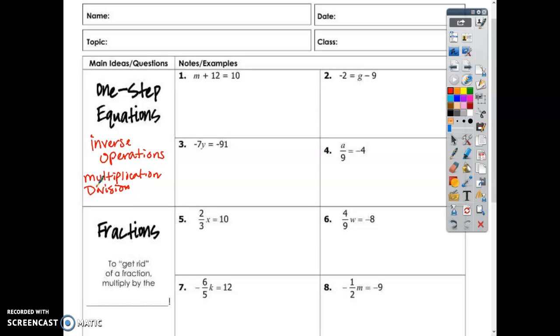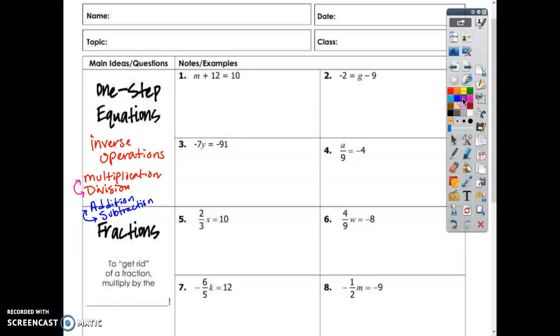And the opposite of addition is subtraction. And vice versa. So the opposite of subtraction is addition, and the opposite of division is multiplication. That's how you undo those things.